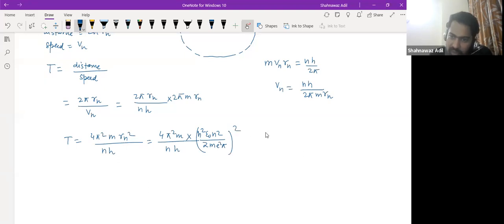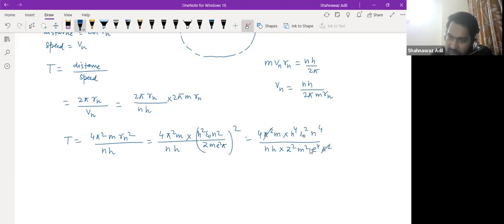This would be 4 pi square m and h4 epsilon naught square n4 divided by nh and z square m square e4 pi square.